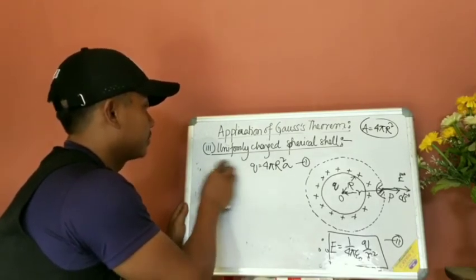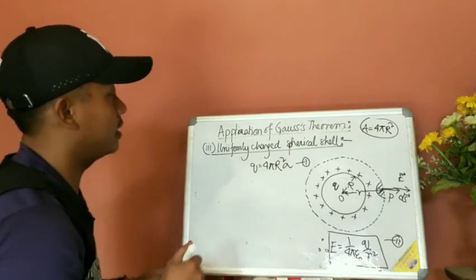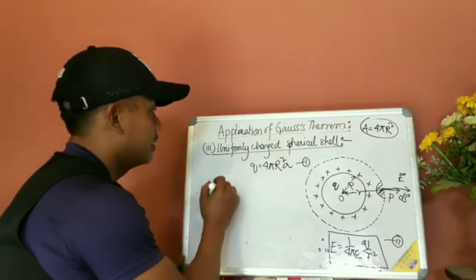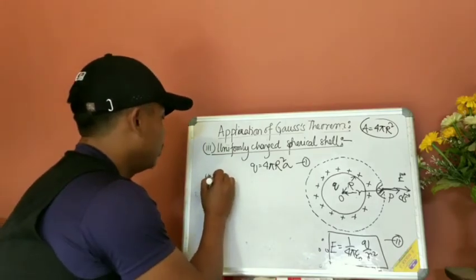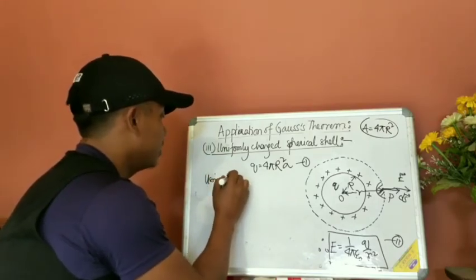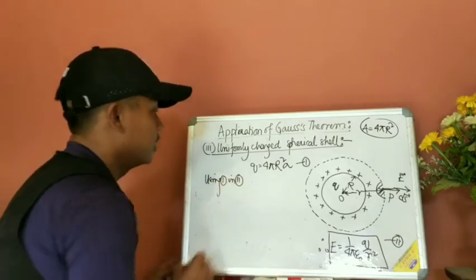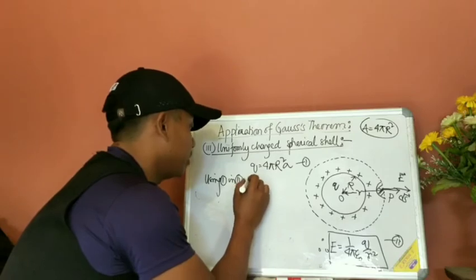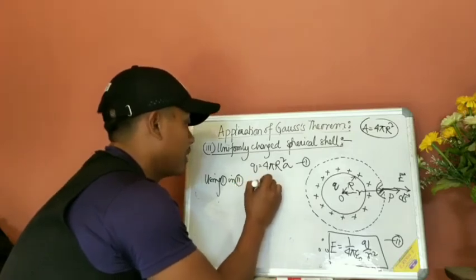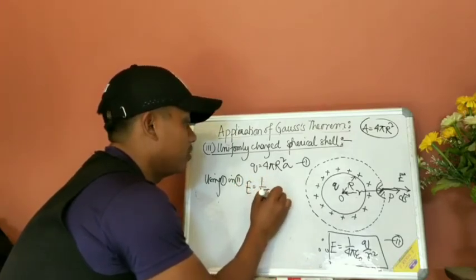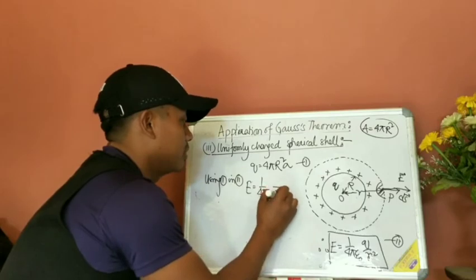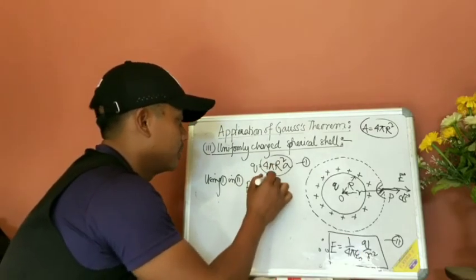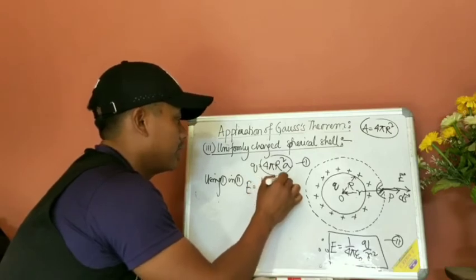Then obviously, let us continue the first case when the point P is outside the cell. Then using equation 1 in 2, E equals 1 by 4 pi epsilon naught q divided by r square.